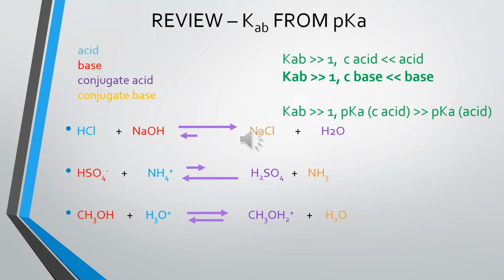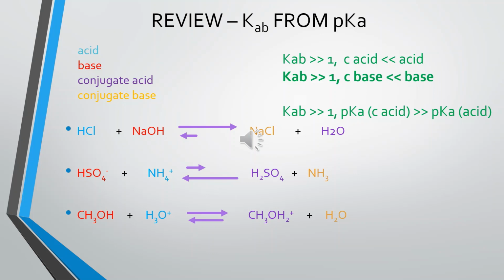And just a review from the previous lecture, we're going to pin everything in terms of that objective, right? Estimating KAB. We're going to pin everything on the pKa of the acid versus the conjugate acid.